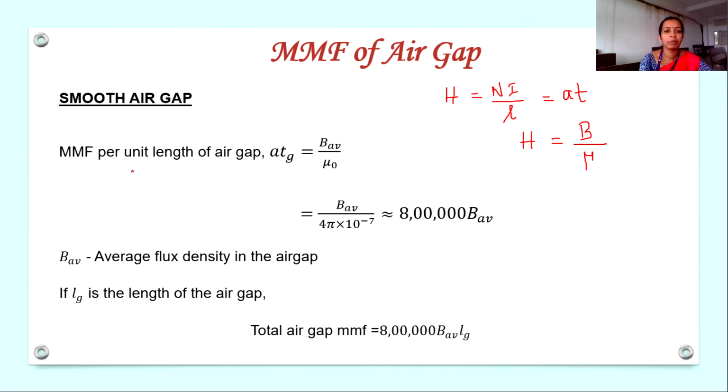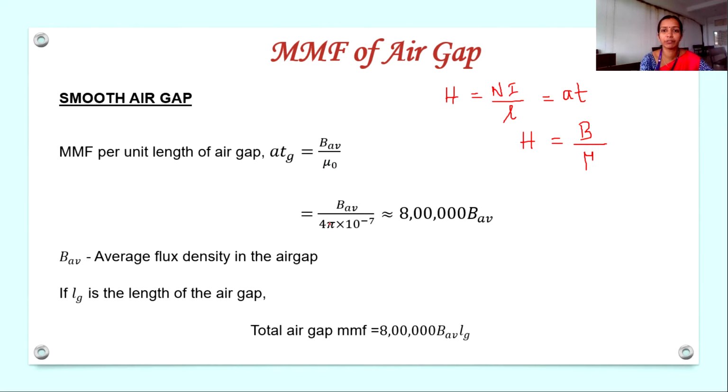So the MMF per unit length of air gap, that is ATG, where G means the gap, is equal to B by mu. Here we are using the average flux density in the air gap, B average, divided by mu. In case of air gap, mu is equal to mu 0 into mu r. Mu r is 1 for air, so we are using mu 0 only.